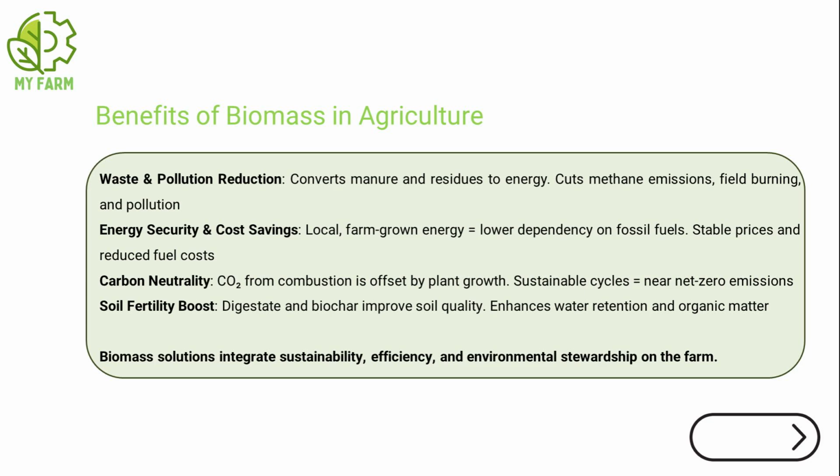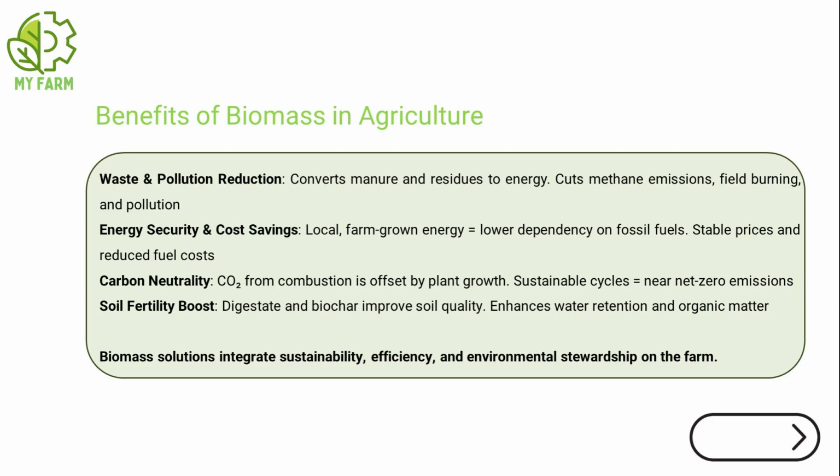Biomass systems reduce greenhouse gas emissions, prevent the open burning of residues, and contribute to cleaner air and healthier soils. When combined with other renewables, such as wind or solar, they form hybrid systems capable of supplying round-the-clock, carbon-neutral energy to farms and rural communities.